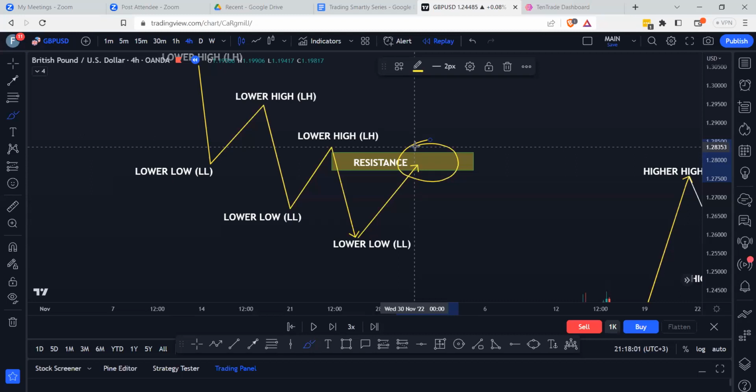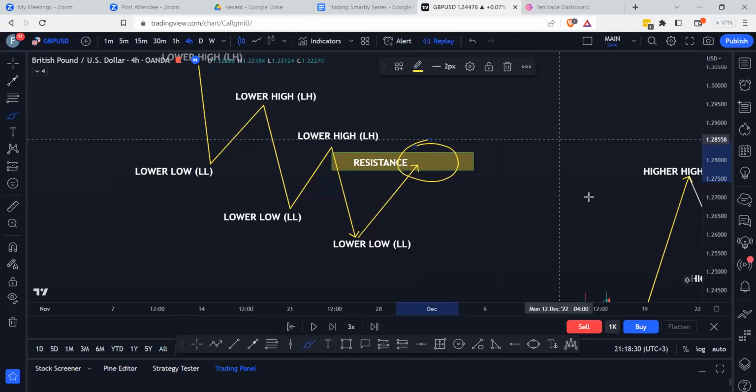Okay, that is golden, right? If you can do that adequately, you can build on it, right? And be very, very formidable. All right. Now, that is how you're going to be trading in a downtrend or in a bearish environment. You wait for price to retrace into resistance, and then you take entry at the resistance.